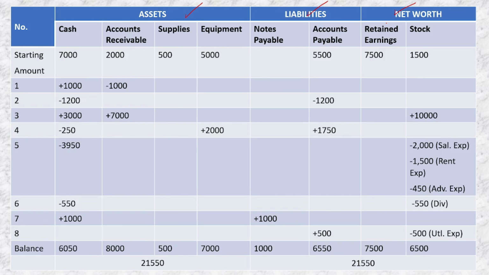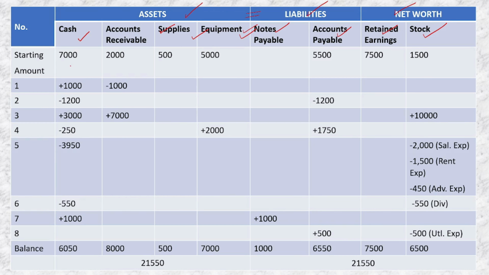So what is the accounting equation? The accounting equation is that assets will have to be equal to liabilities plus net worth. Now the question gives you the balances of cash, accounts receivable, supplies and equipment, and also the liabilities value has been given in notes payable and accounts payable, and net worth value has been given in retained earnings and stock.